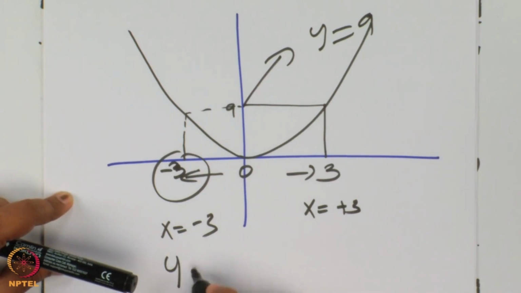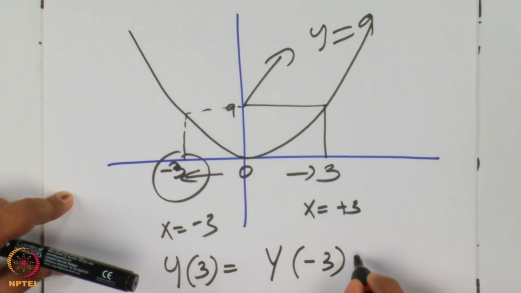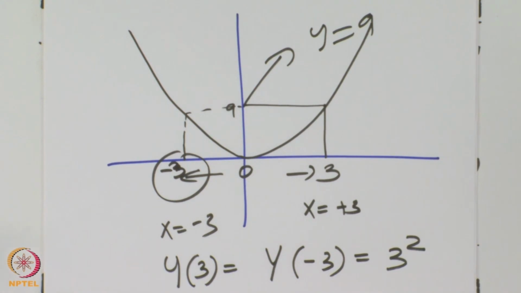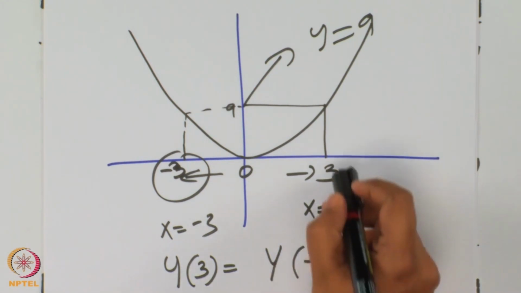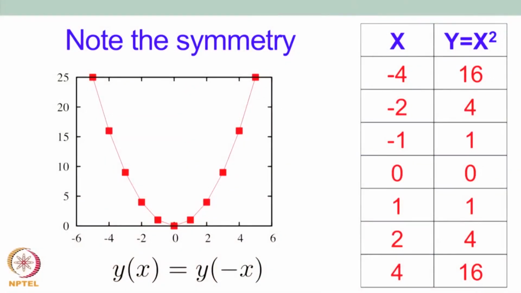So y of 3 is the same as y of minus 3, which is 3 square. So this is the symmetry. When x is put as minus x, the function is exactly the same. You can see that just by examining the function.